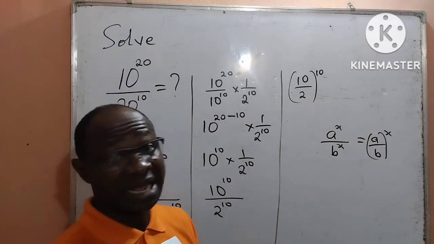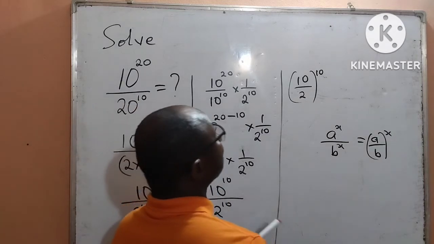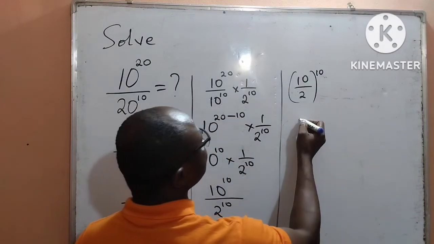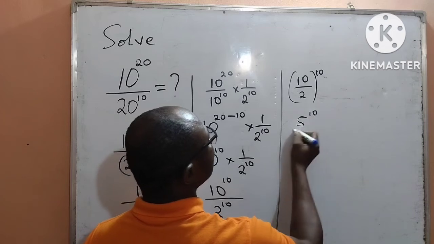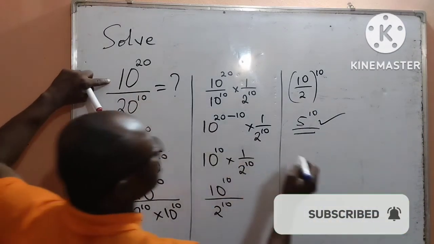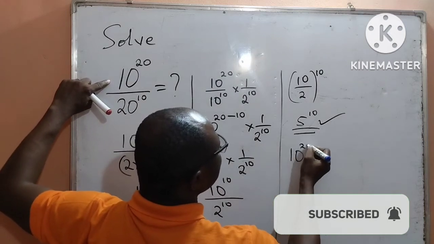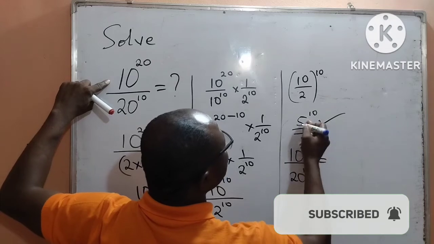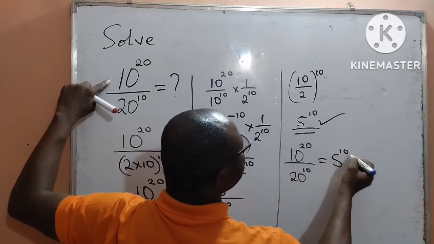Alright, and it is now very easy, and we are done with this video. So 2 can divide 10 to give me just 5 to the power of 10. And this becomes the final answer, the solution to this question, which says that 10 to the power of 20 divided by 20 to the power of 10 is simply equal to 5 to the power of 10.